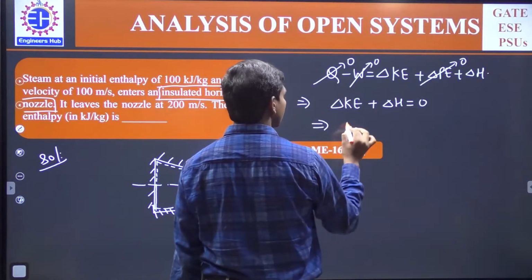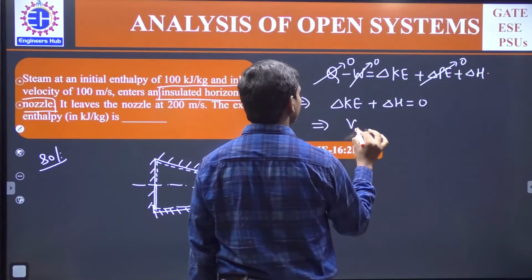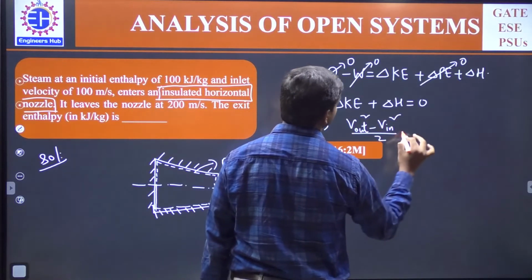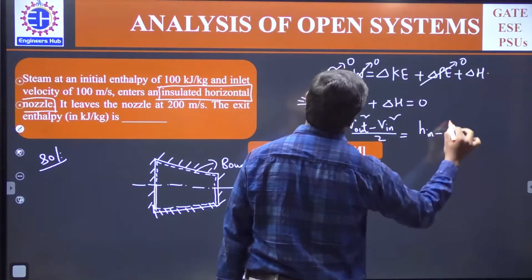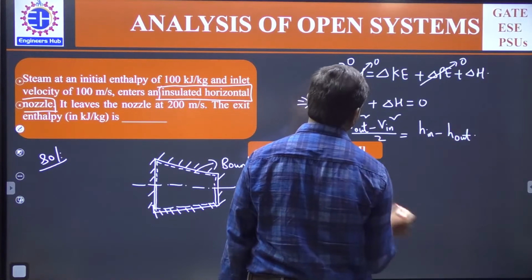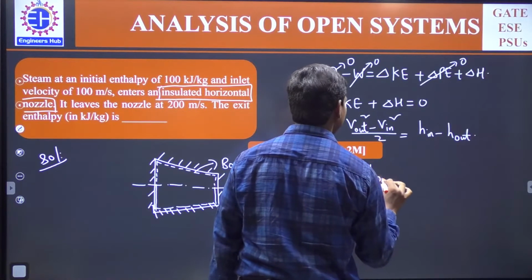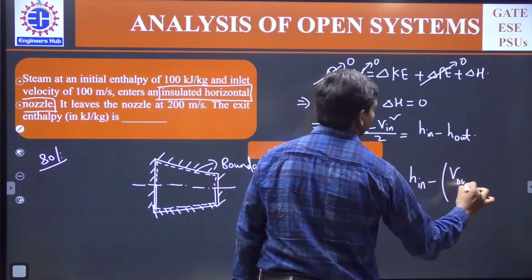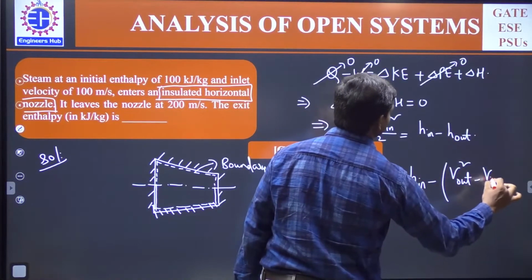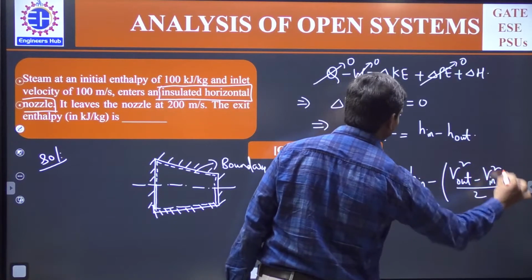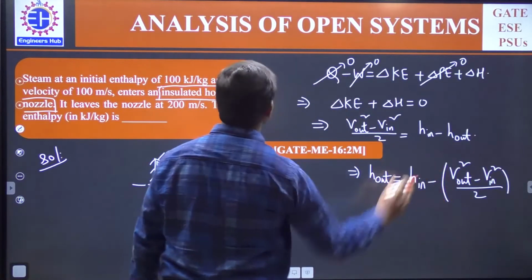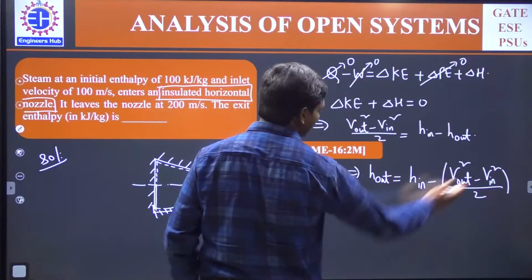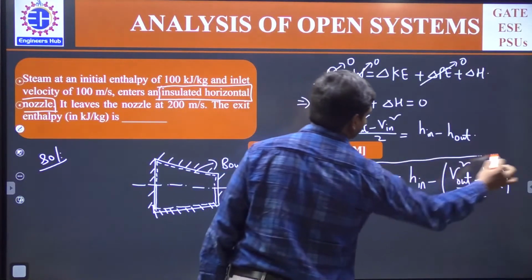In specific terms, V out square minus V in square divided by 2 is equal to H in minus H out. Now he's asking for H outlet, so H out is H in minus (V out square minus V in square) divided by 2. Now we have all these 3 data points: H inlet is given, inlet velocity is given, exit velocity is given. You can perform this calculation.